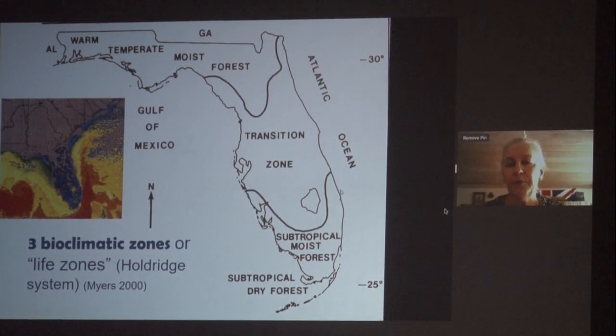This curving form for the upper limits of tropical vegetation in part reflects the proximity of the warm Gulf Stream, and also the southern limits for the most part of freezing temperatures. So that's today.